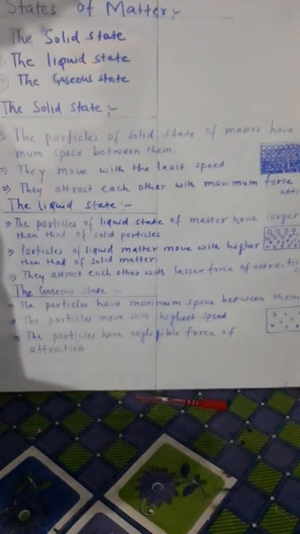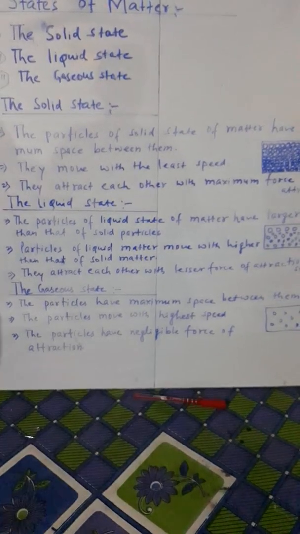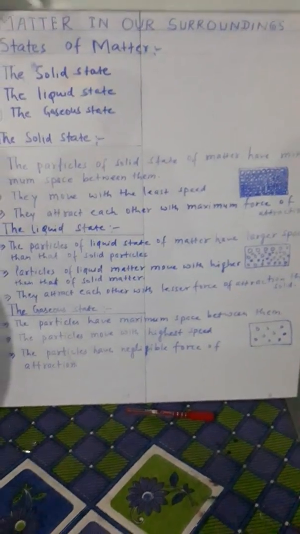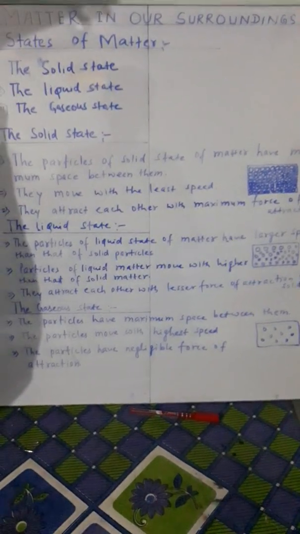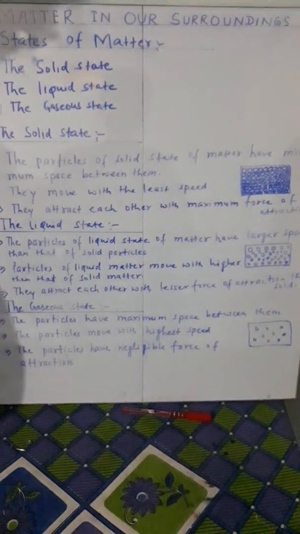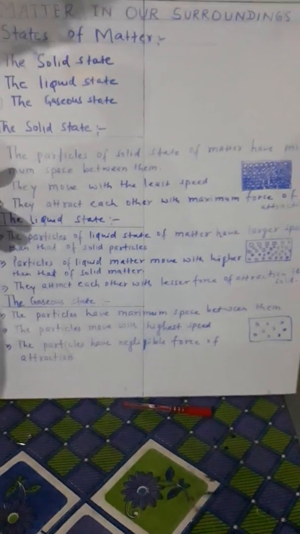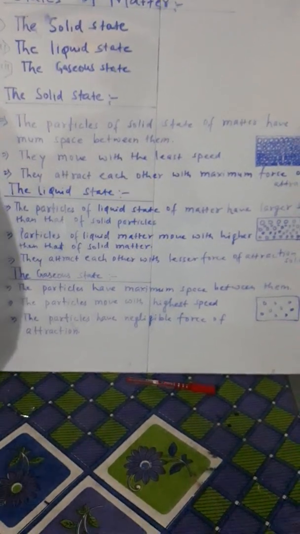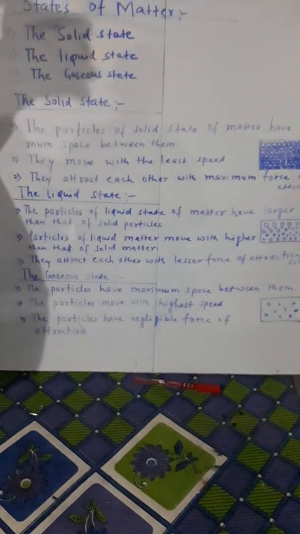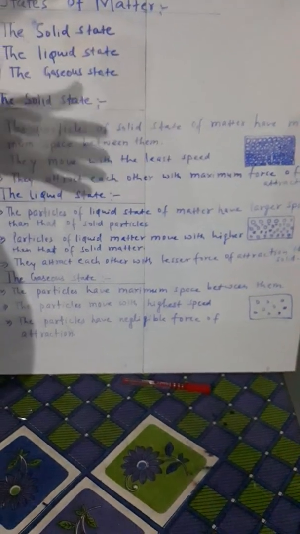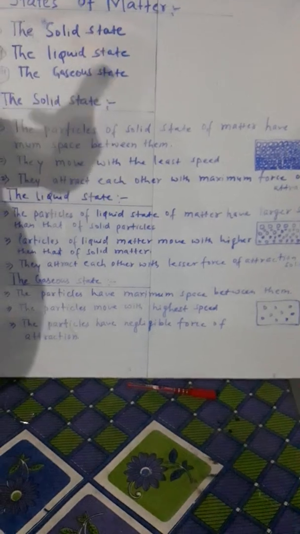As far as diffusion is concerned, diffusion in gaseous matter is at a very high rate, much faster than in solid and liquid. In the previous example, we discussed the question of why the aroma of hot food reaches us easily.